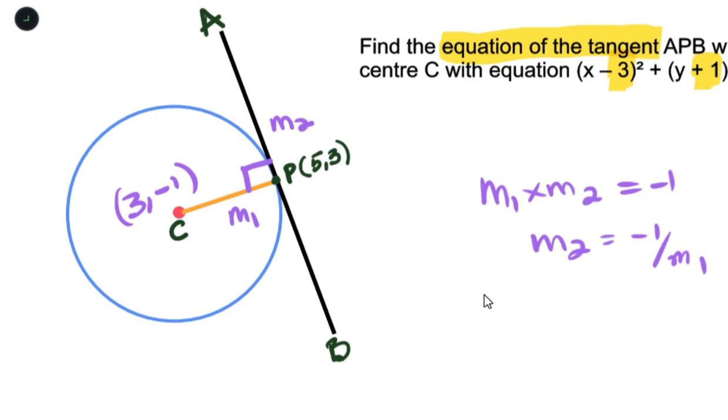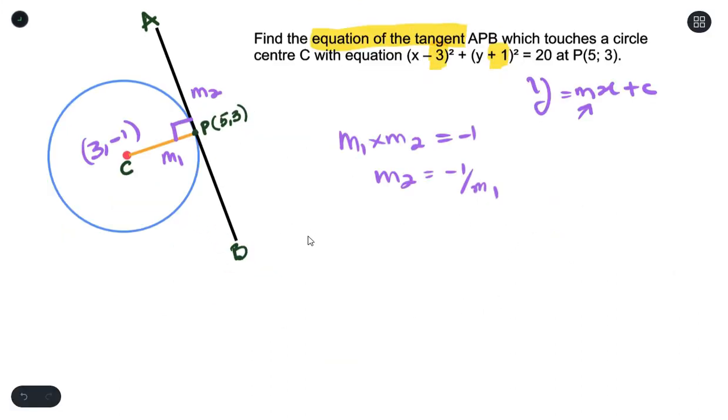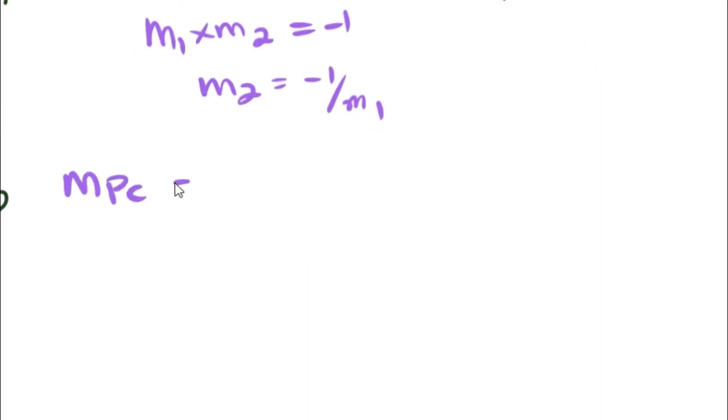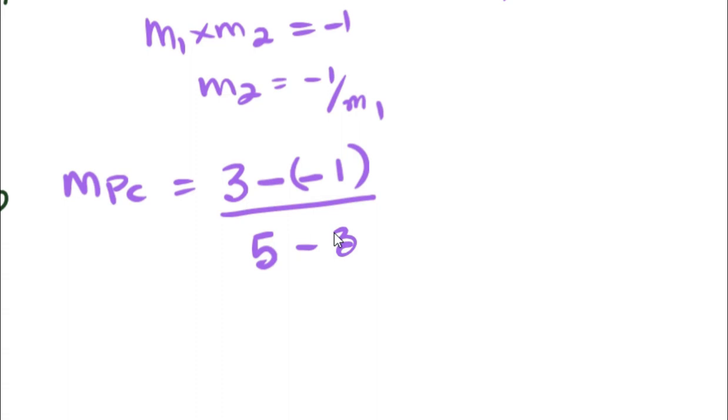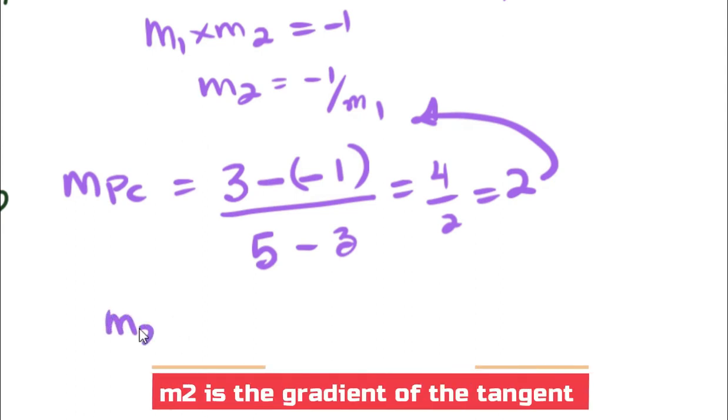So I need to figure out the value for my gradient, then substitute it into the equation of our straight line. Using the gradient formula, I can calculate the gradient of PC, so the gradient of PC is actually 2. Now, substituting this 2 back into this, we understand that the gradient m2 would be negative 1 over 2.